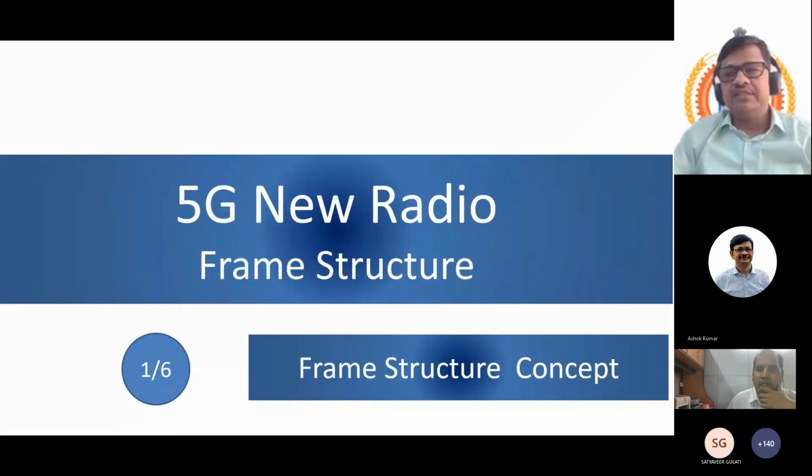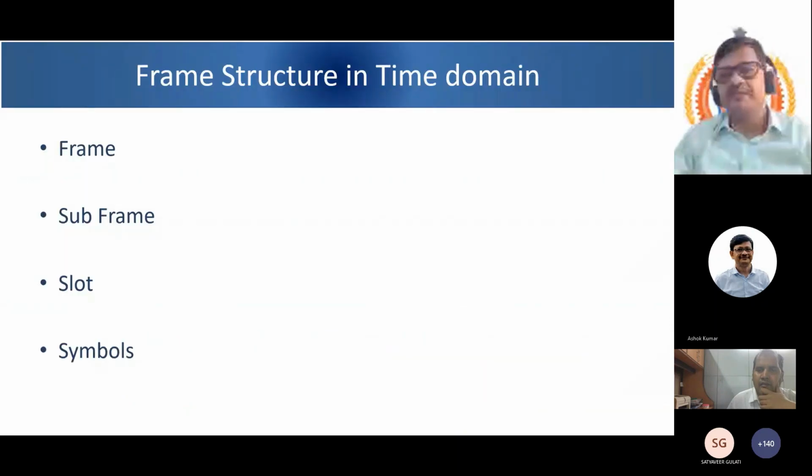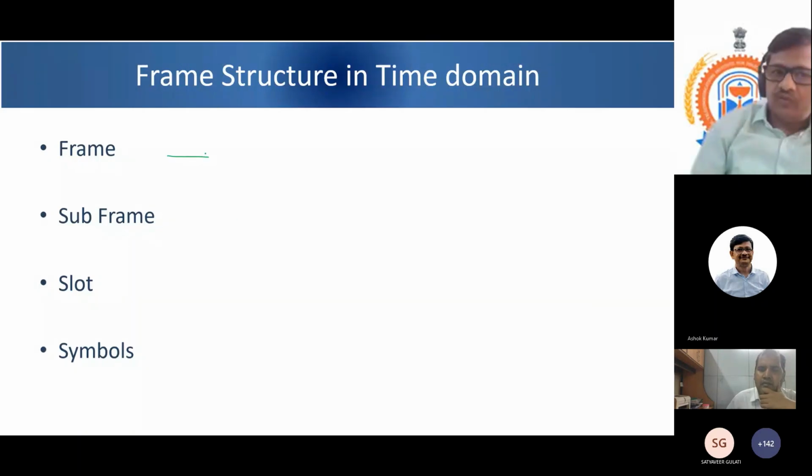Okay, so let us first understand the frame structure in 5G. Basically, when we say frame structure, we are talking in the time domain. So there is a concept of a frame. In 4G and 5G, the size of a frame in the time domain is the same. If somebody knows the 4G frame size, please write in the chat box.